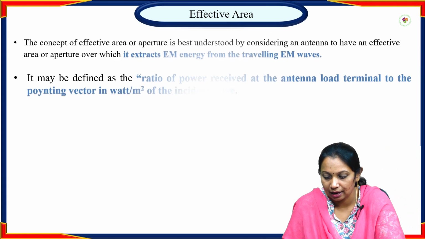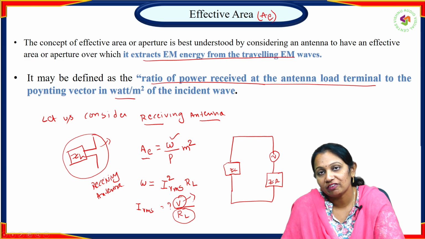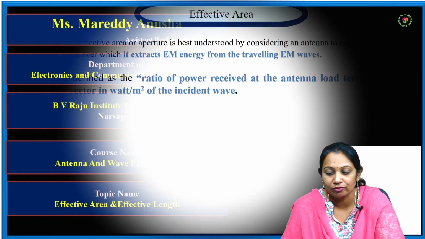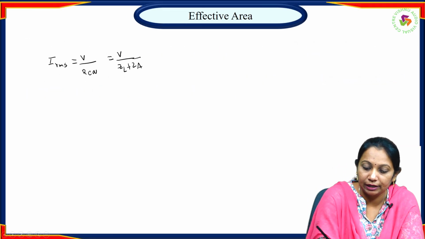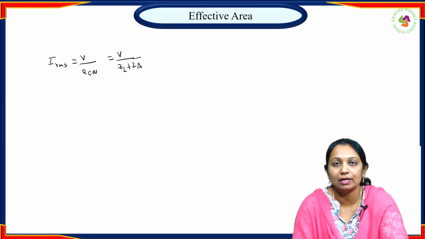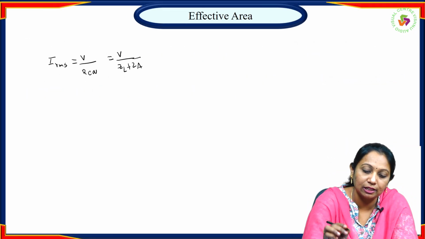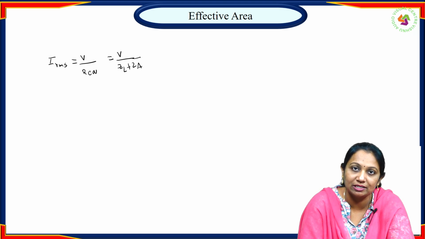Because this represents the receiving antenna and it is terminated with the load impedance. Combined, the total impedance will be ZL plus ZA, and the V is nothing but the Thevenin's voltage. Now we'll write it as V by ZL plus ZA, where ZL is nothing but the load impedance and ZA is nothing but the antenna impedance.